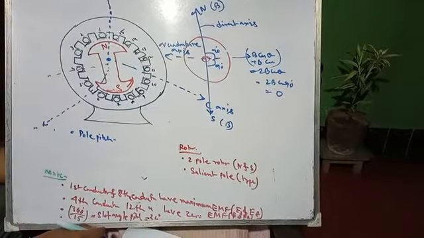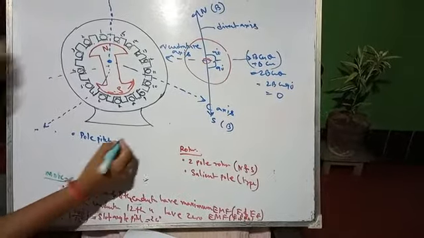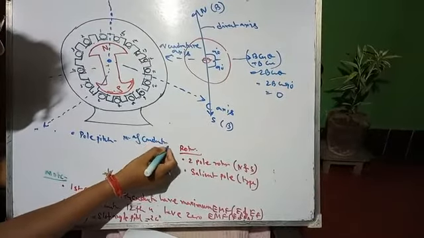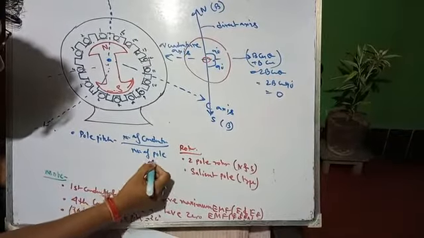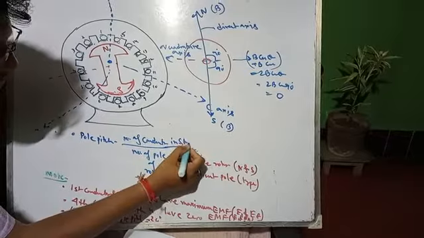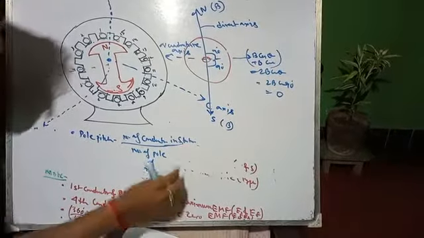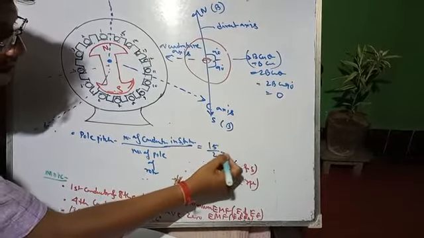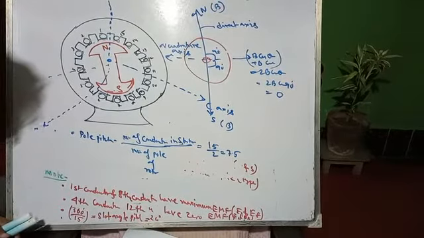Pole pitch will be the number of conductors in the stator divided by the number of poles of the rotor. The number of conductors is 15, divided by 2, so 7.5 will be your pole pitch.